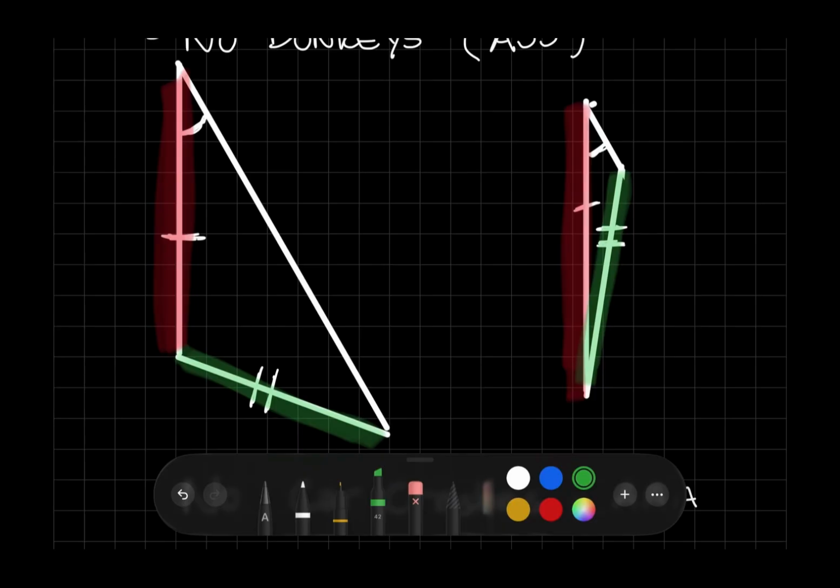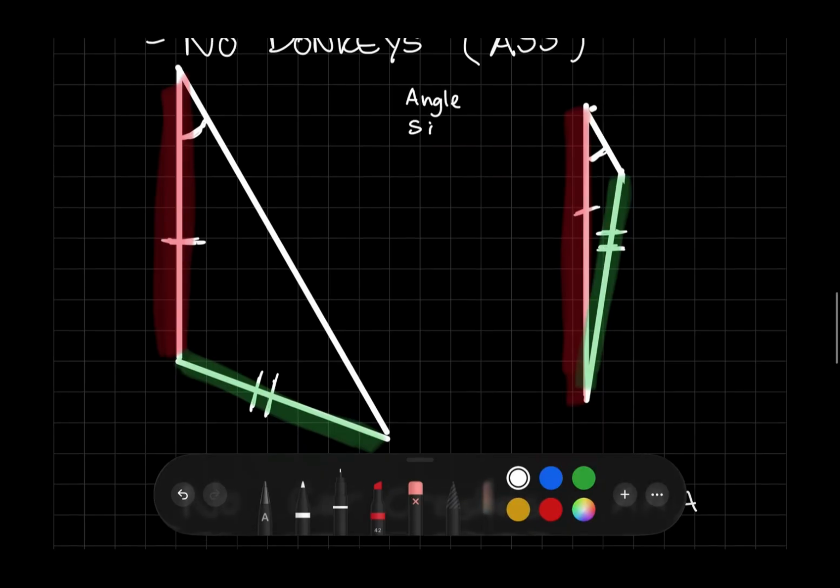But do these triangles look congruent? If you said absolutely not, Miss Hegwood, this side is so much different than this side, you would be correct. These triangles are not congruent, and I hope this helps you to remember never to use angle, side, side. Because we don't want any donkeys, and angle, side, side will not prove that two triangles are congruent.